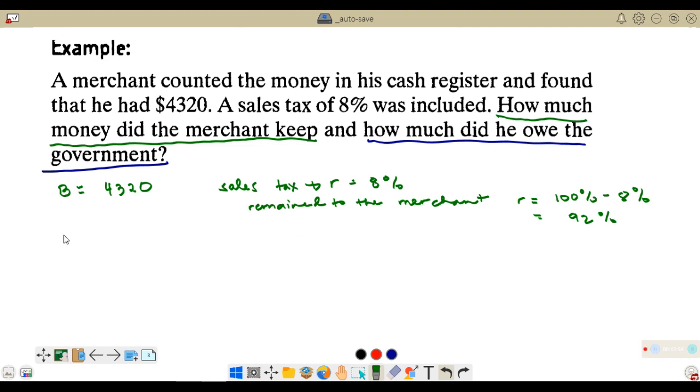Now, how can we find the percentage na matitira kay merchant? So, we are going to use PBR, which is equal to the base, which is $4,320 multiplied by 92%, or 4,320 times 0.92.